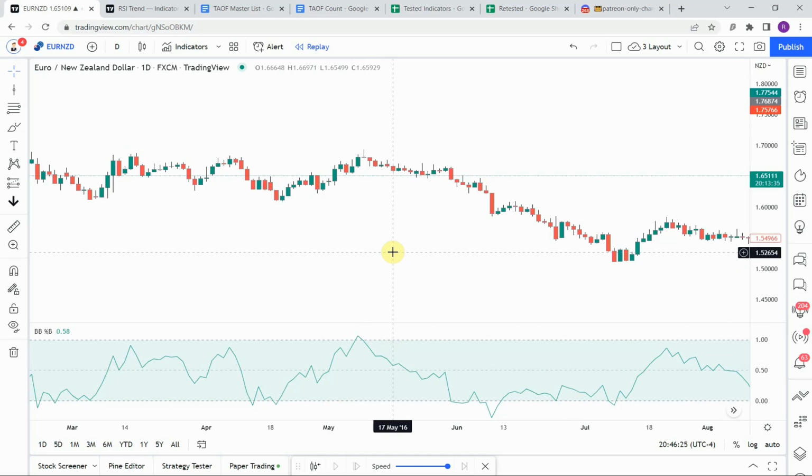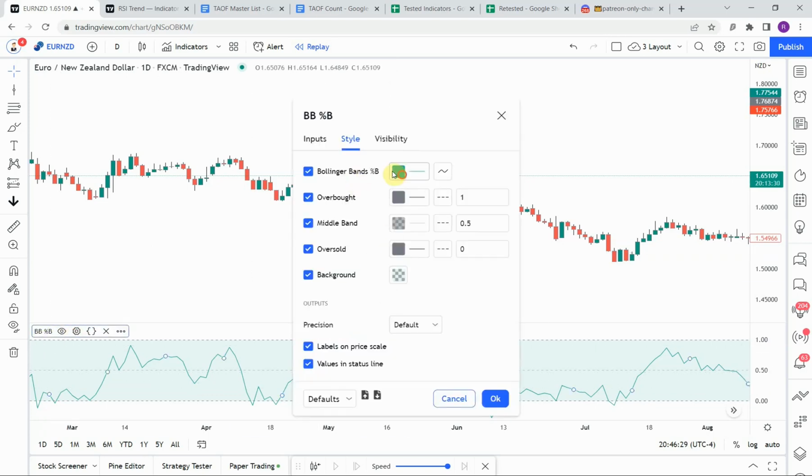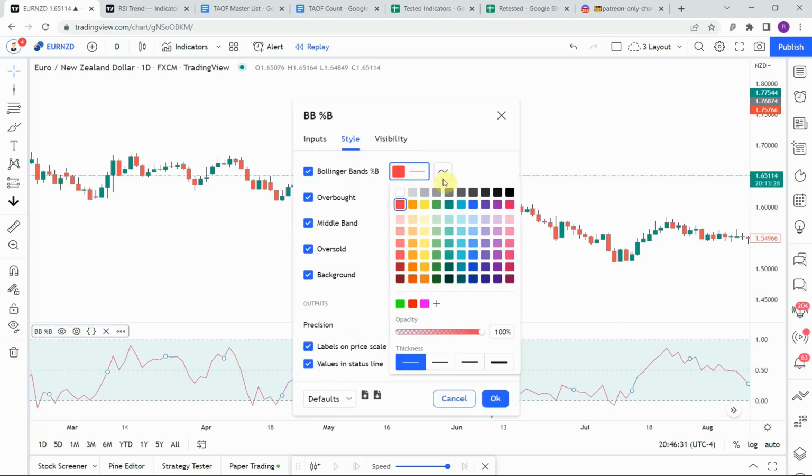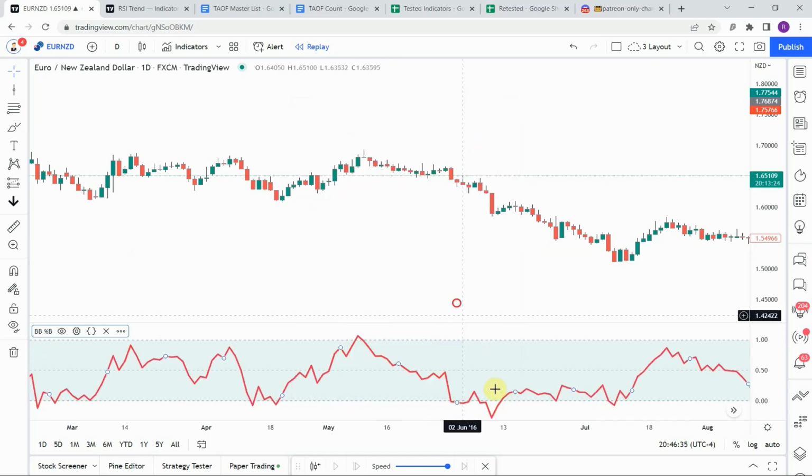And the Bollinger Band %B, you can see it here on the bottom of the screen. I think initially in the original video I did something like this, so that way you can see this oscillating line a little bit better. But basically what we have is an upper band, a lower band, this channel here in the middle, and then the oscillating line.